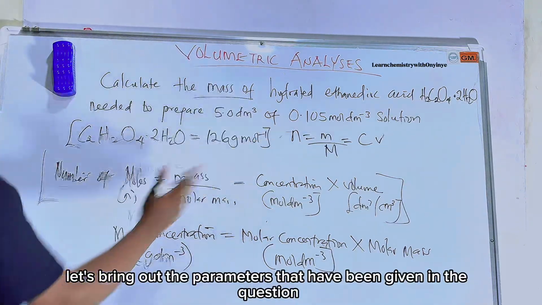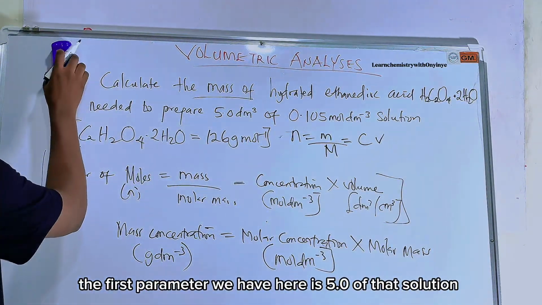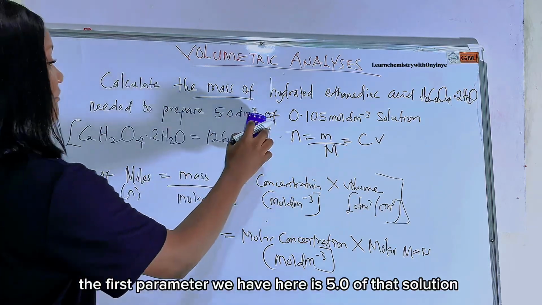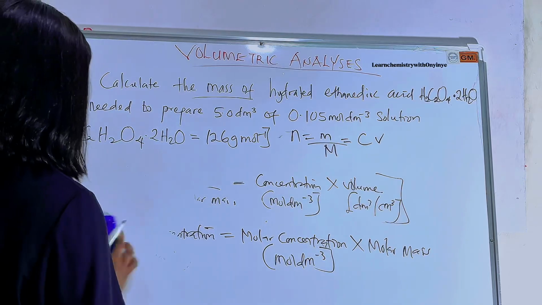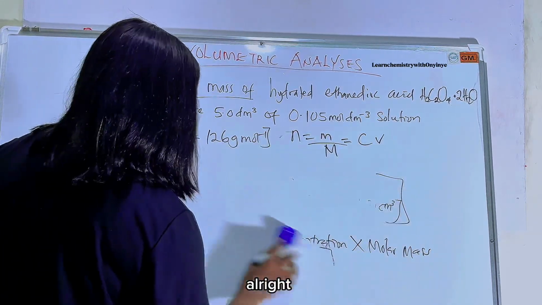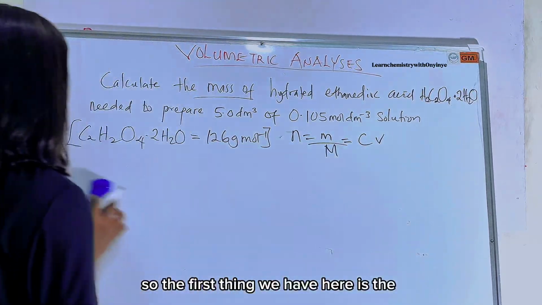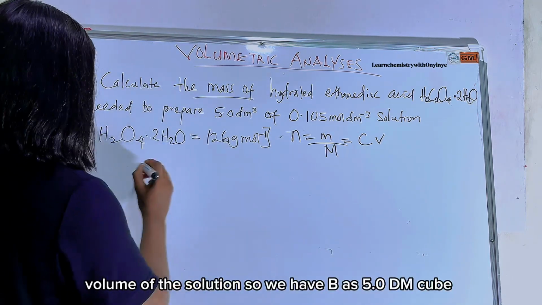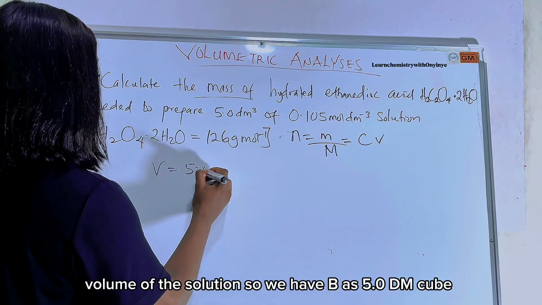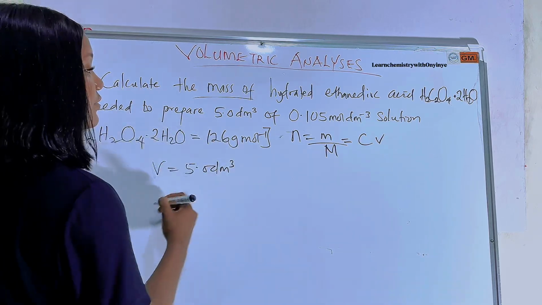So let's bring out the parameters that have been given in the question. The first parameter is the volume of the solution, so we have V as 5.0 dm³.